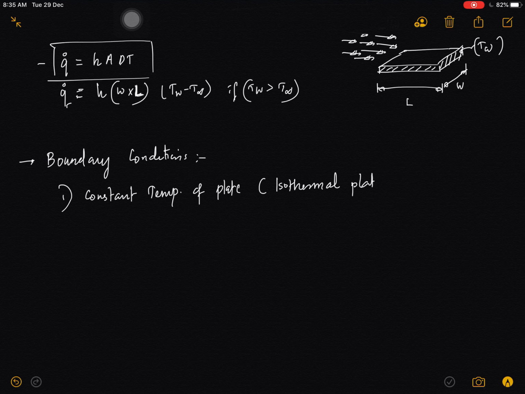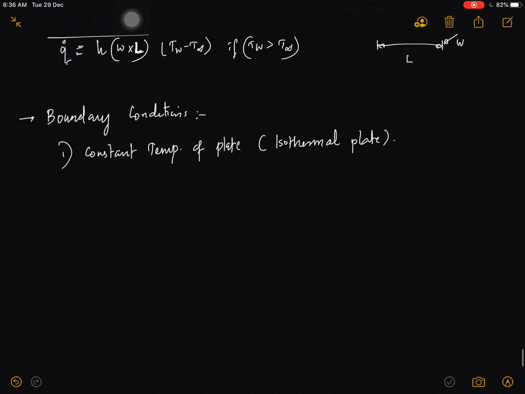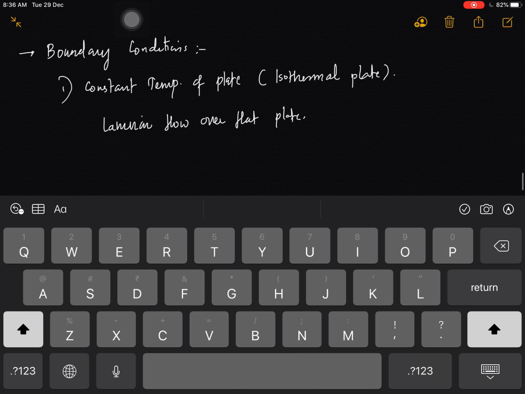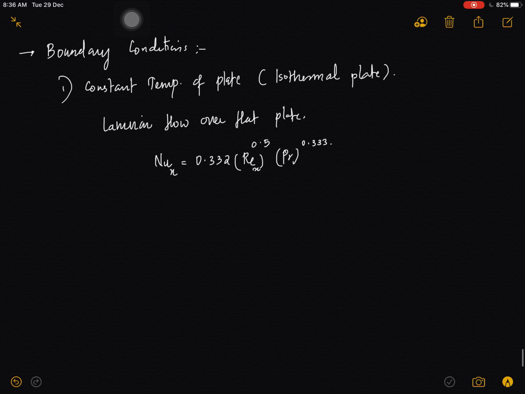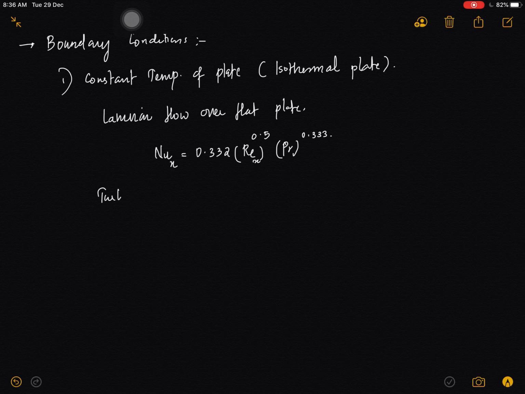That is nothing but the isothermal plate boundary condition, and we are considering laminar flow over flat plate. For this laminar flow over flat plate we have this particular relation: Nusselt number Nux is equal to 0.332 into Rex raised to 0.5 and Prandtl number raised to 0.333.